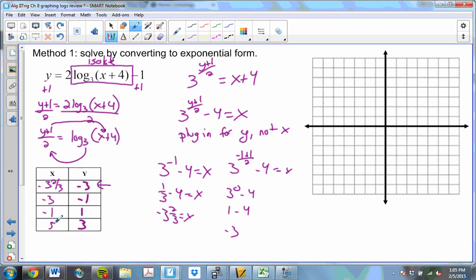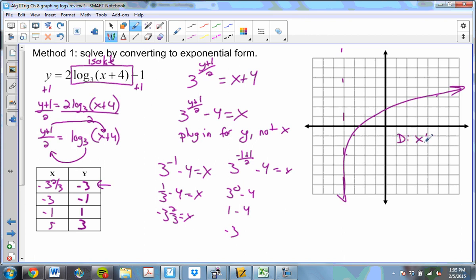So I have the points (-3 2/3, -3), (-3, -1), (-1, 1), and (5, 3). This graph is going to have a vertical asymptote here, which means that it's going to look like this. And that's pretty good.